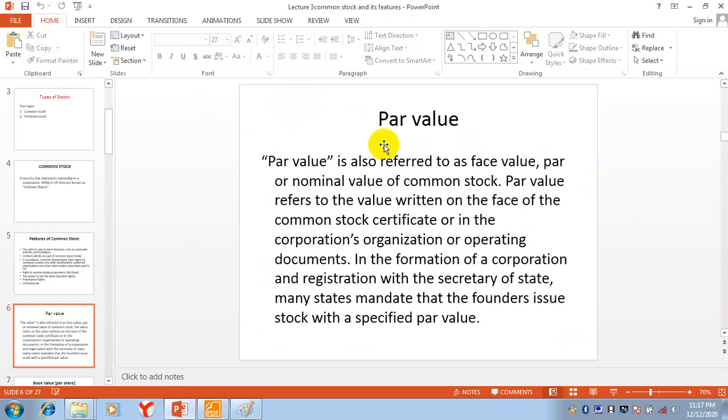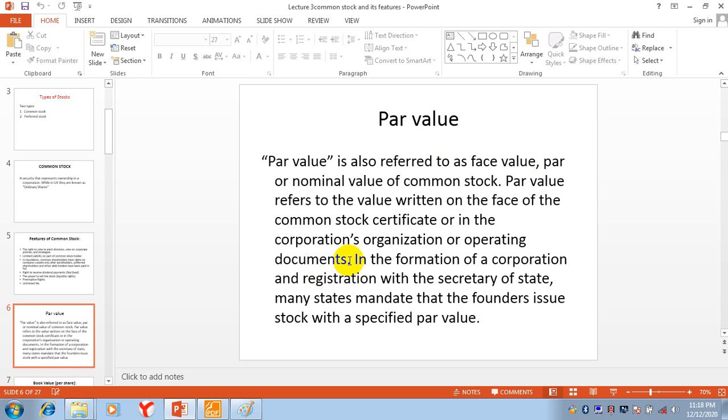Then there is another concept called the par value. Par value is also referred to as face value, par, or nominal value of common stock. Par value refers to the value written on the face of the common stock certificate or in the corporation's organization or operating documents.